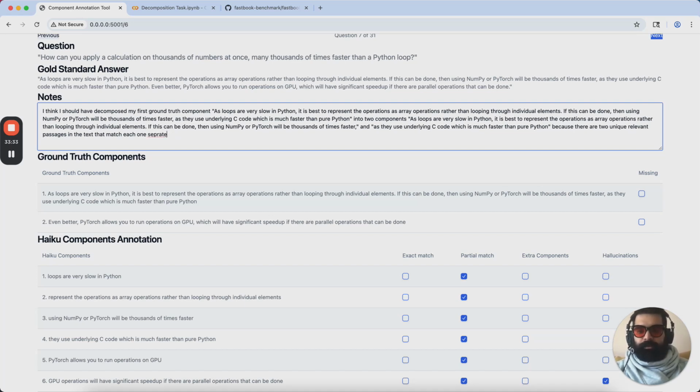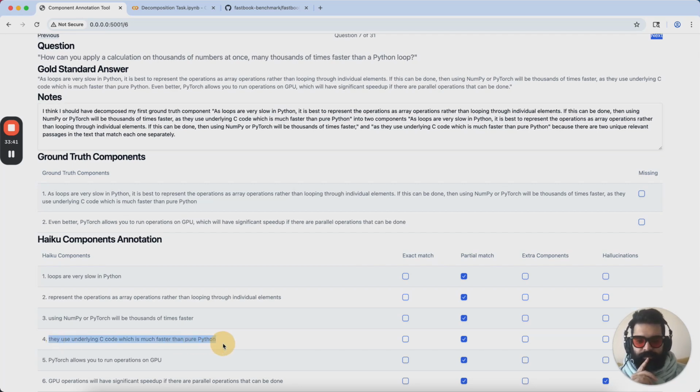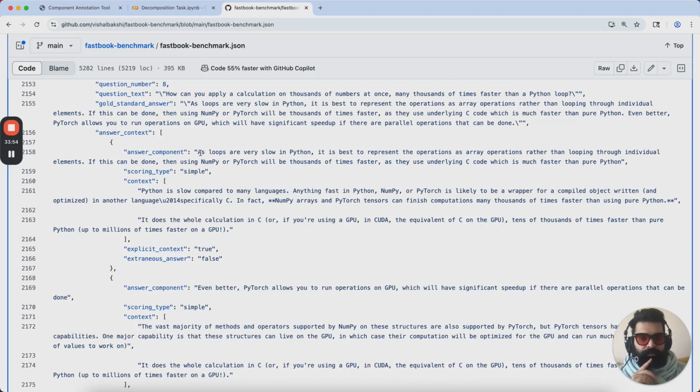And then if I look at what Haiku did, Haiku has this one and this one, and then loops are very slow. So if we go back here, loops are very slow.